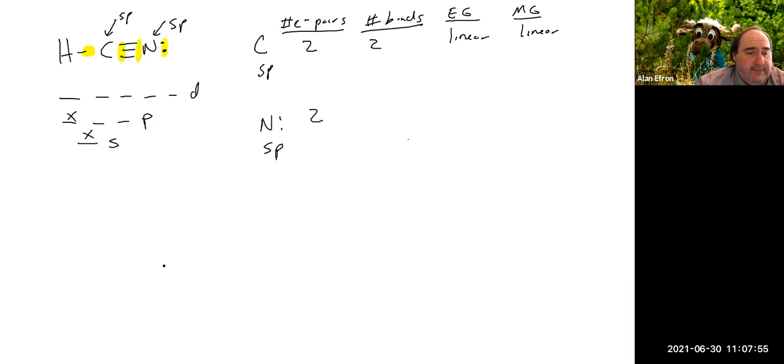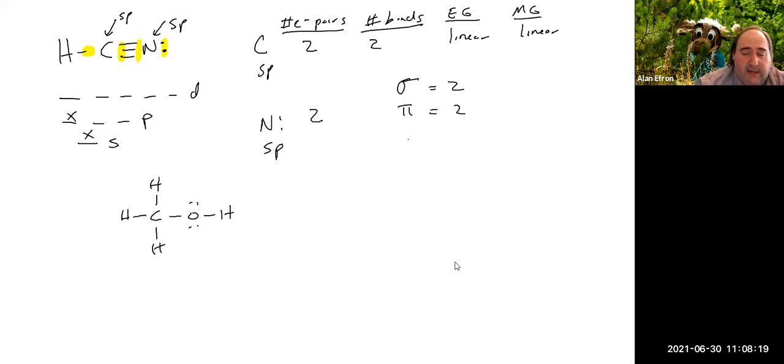Just to, for example, and before we do that, let's finish up sigma bonds. In terms of sigma bonds, there would be 2. In terms of pi bonds, there would also be 2.